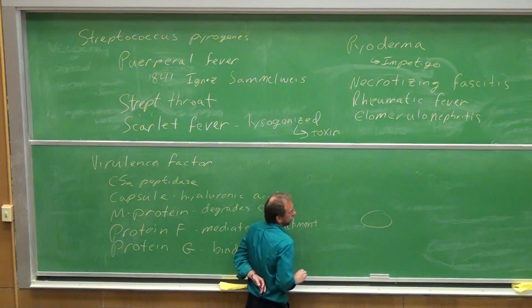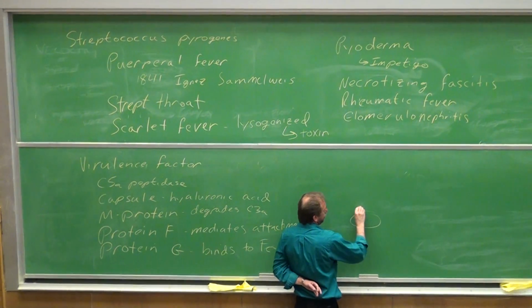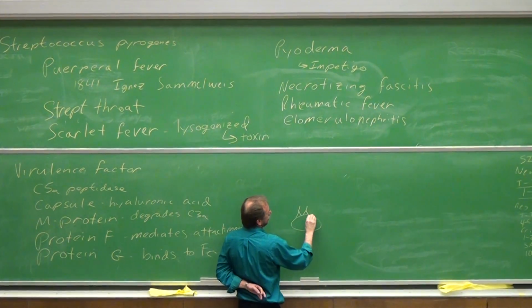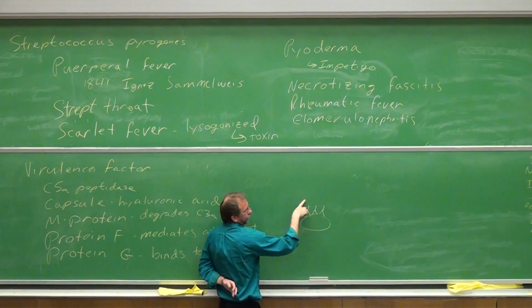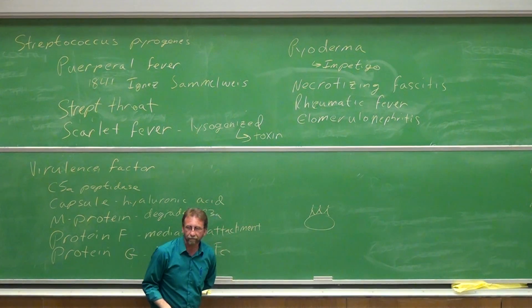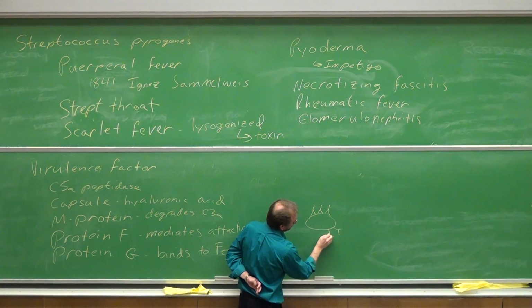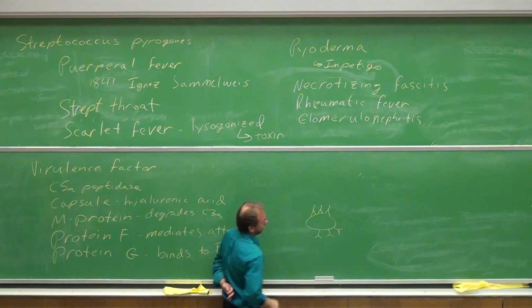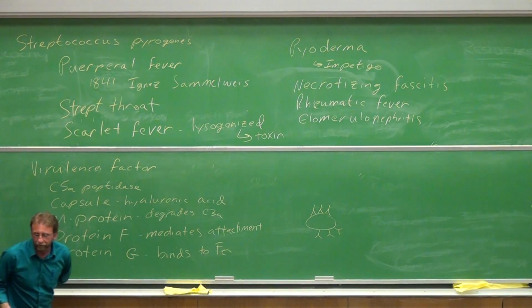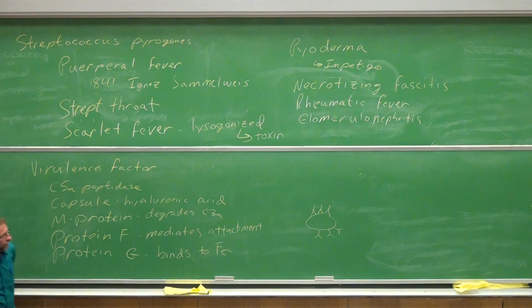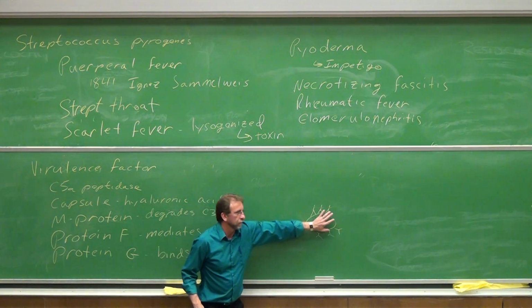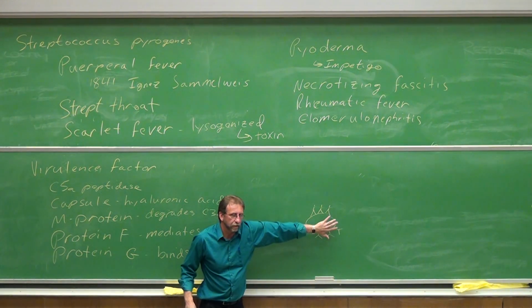Here we go, our bacteria, and instead of the antibodies binding like this, so that the macrophage can come along and recognize the Fc and devour, instead, the antibodies are binding like this. So the macrophage isn't going to recognize that. It's not going to devour that. And again, the bacterium is kind of cloaked in this way.